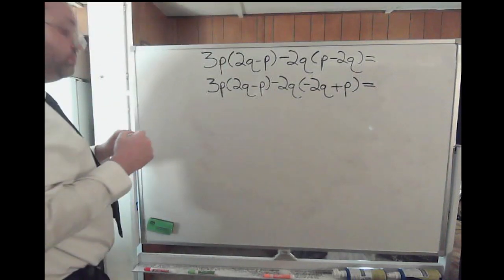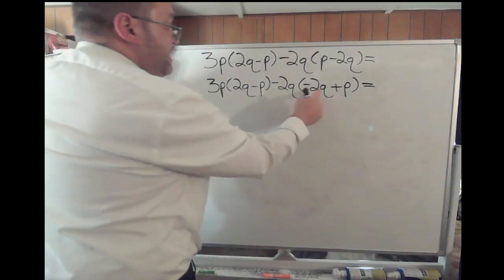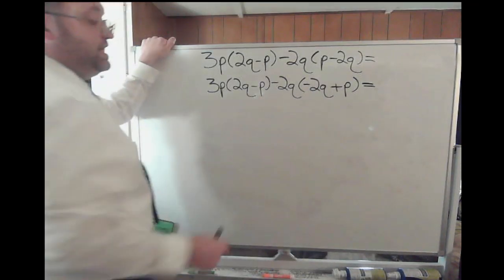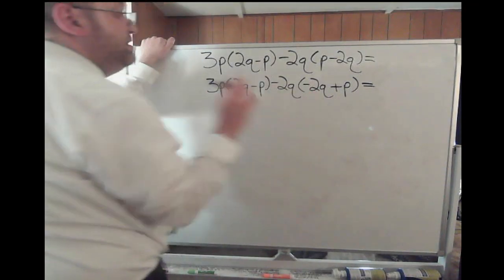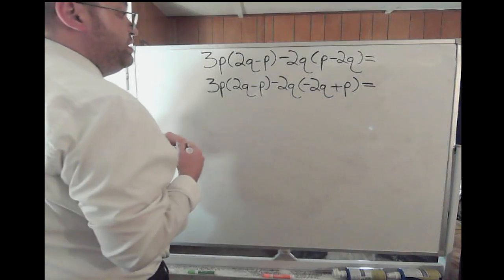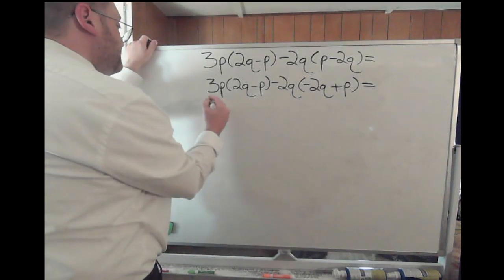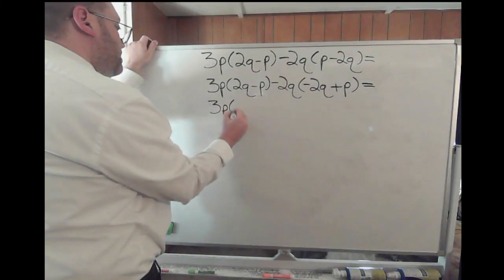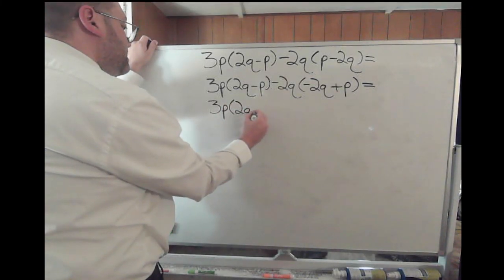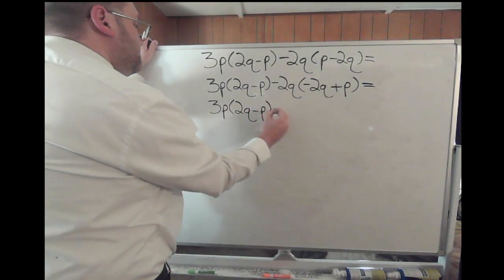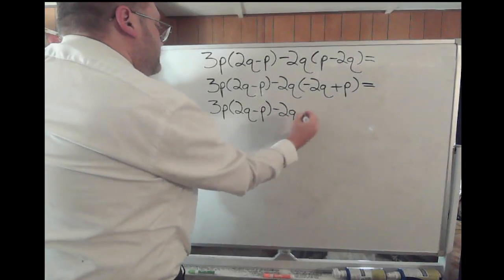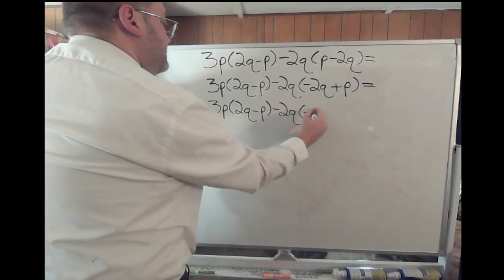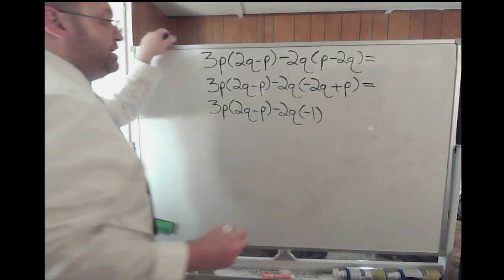So now we want to make the 2q in the second quantity, we want to make that from negative to positive. We got to factor out a negative 1. So you'll end up taking 3p times your quantity of 2q minus p minus that 2q times your quantity of negative 1 that you're factoring out.